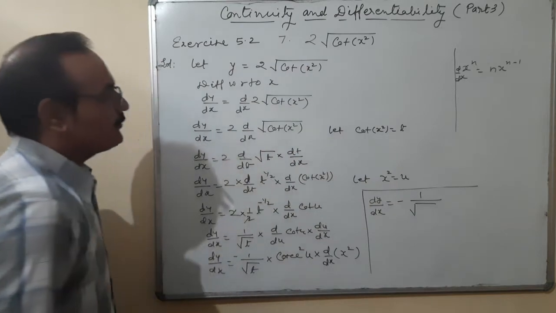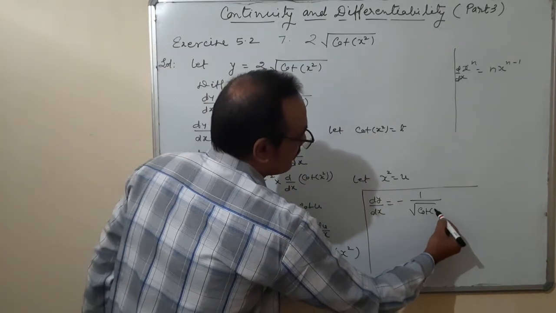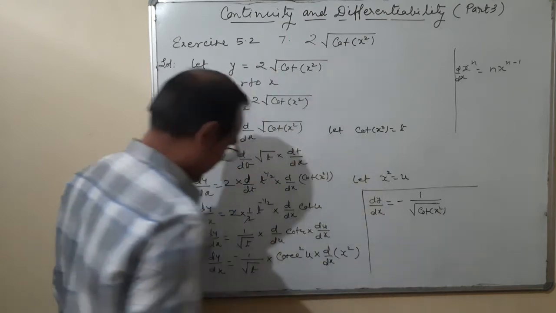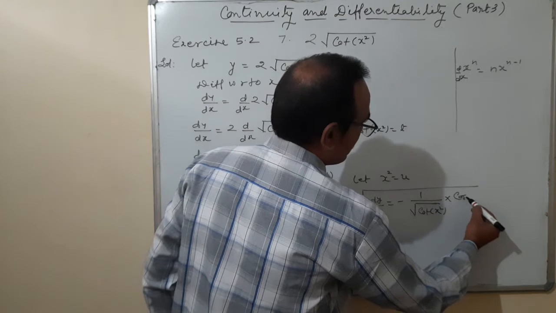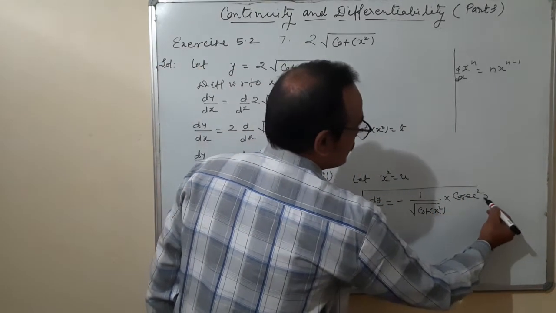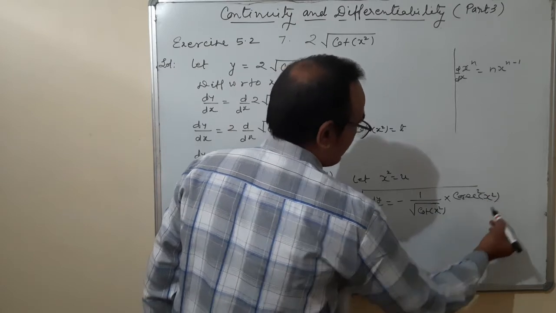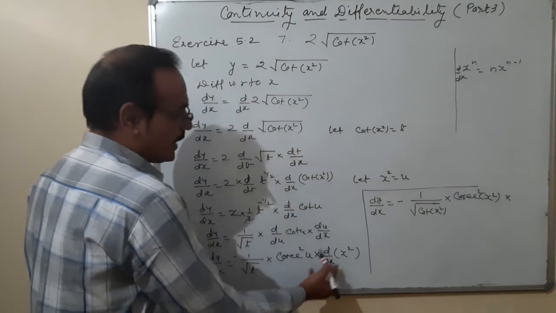What is the value of t? We have considered cot x square. Cot x square, okay, into cosec square u, and the value of u is x square, multiplied by dy by dx of x square.